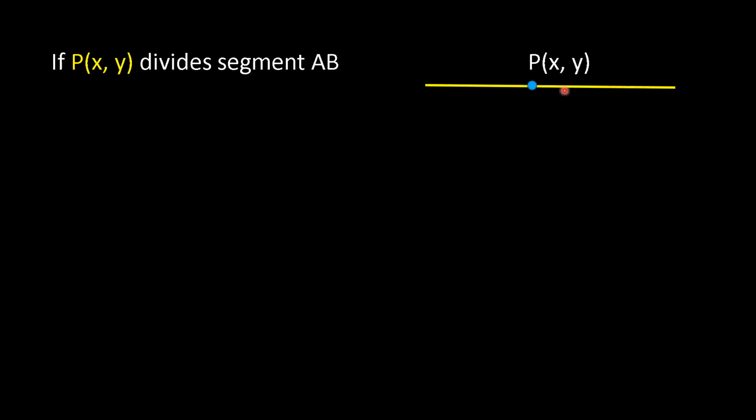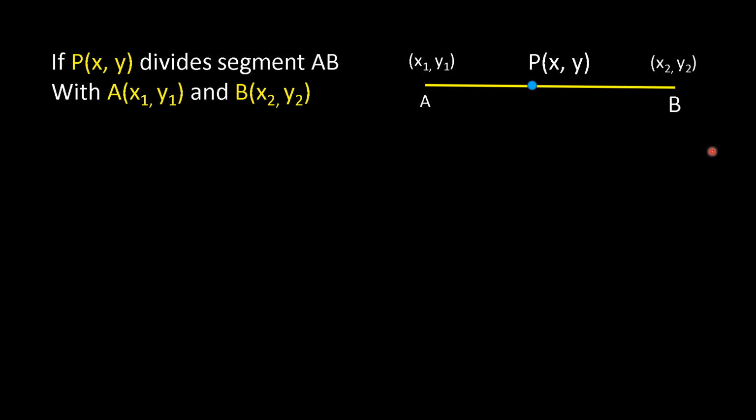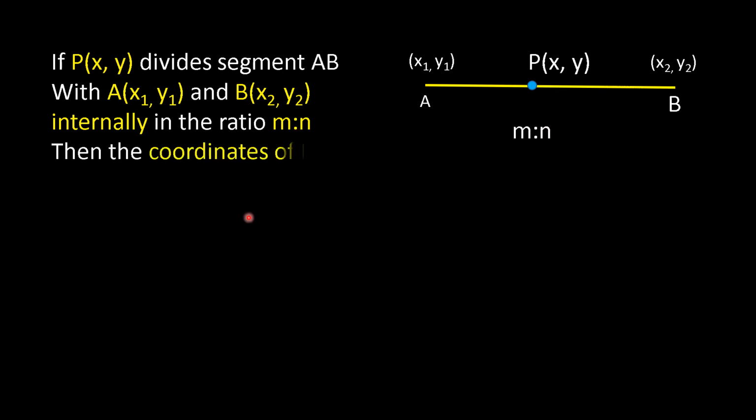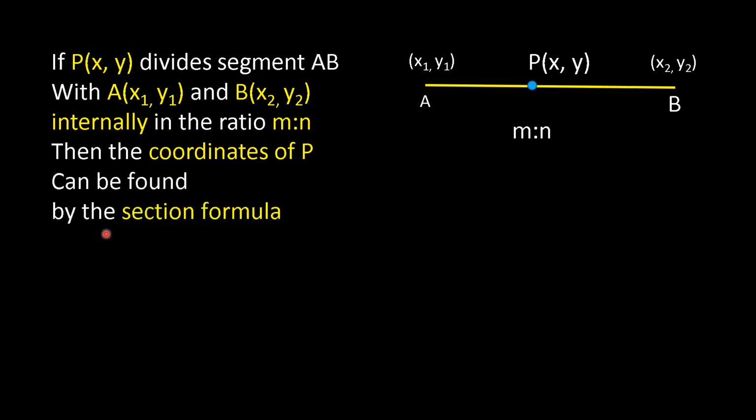If point P(x, y) divides segment AB, where A is (x1, y1) and B is (x2, y2), internally in the ratio M as to N, then the coordinates of P can be found by the section formula.